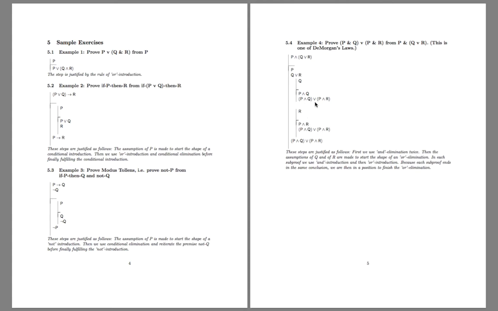And so we end up with the very same sentence in each subproof, P and Q or P and R. And now the use of OR elimination comes in, which says that since we have this sentence Q or R, and these two subproofs, each starting from one of these disjuncts and ending in the very same conclusion, we're entitled to that conclusion quite generally, independent of these subproofs. Okay? And once we do that, we've in fact achieved exactly what we set out to prove. We have proven P and Q or P and R from P and Q or R.